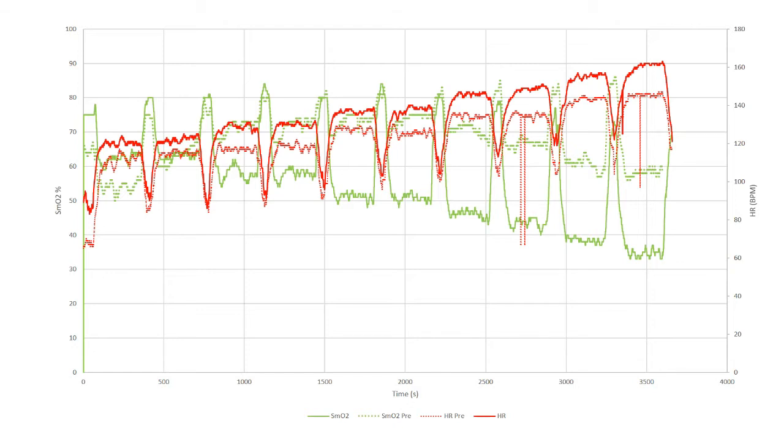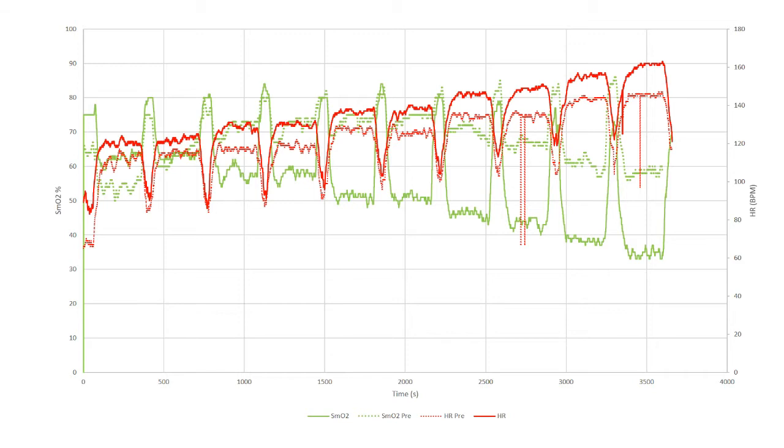So we're looking at a 30% change there, which looks like we have much more oxygen extraction and utilization going on than before, which is good. That was also the goal of the training program, to try to improve that. And what we also see is that heart rate is generally higher as well. The wattage steps aren't exactly the same, but side note.